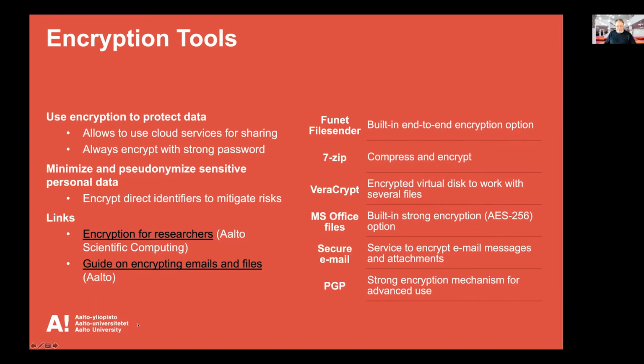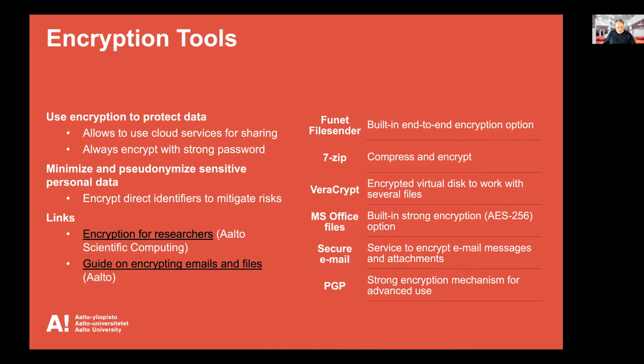These examples are of course from Aalto, so they might be different in other organizations. But using an encryption tool in general raises the security when storing data, because it may also allow use of cloud services in cases where it wouldn't be allowed without encryption, and that might be an ideal way of working.